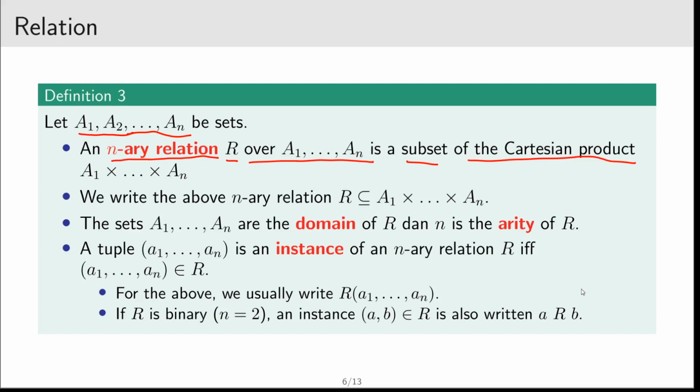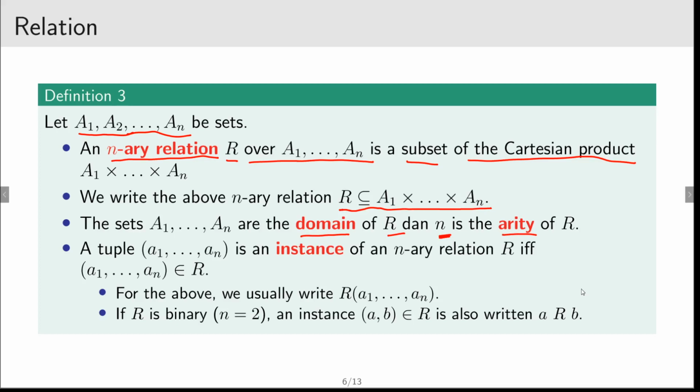So an n-ary relation is a subset of the Cartesian product of the n underlying sets. Because of that, we usually write n-ary relation R using subset notation like this. Now, the sets A1 up to An are called the domain of the relation R, and n itself, which is a natural number, is the arity of the relation R.